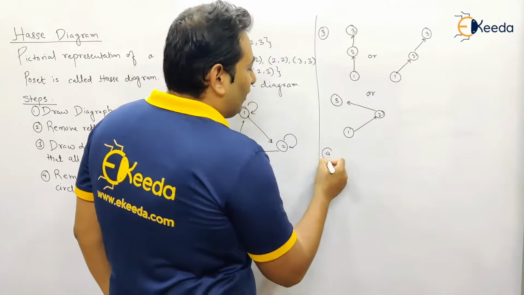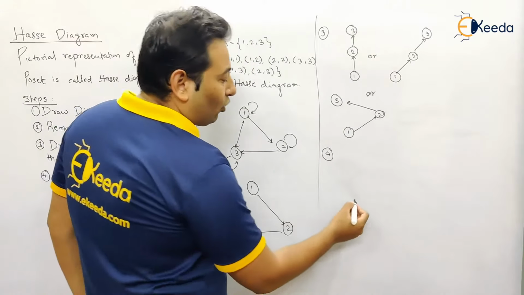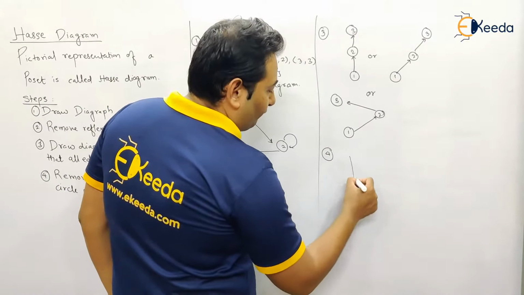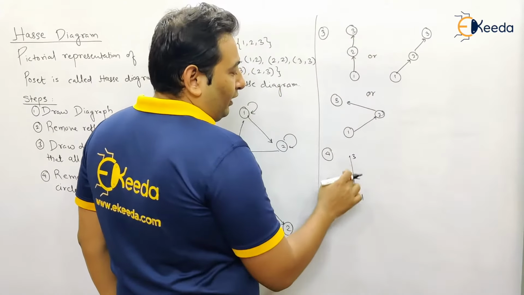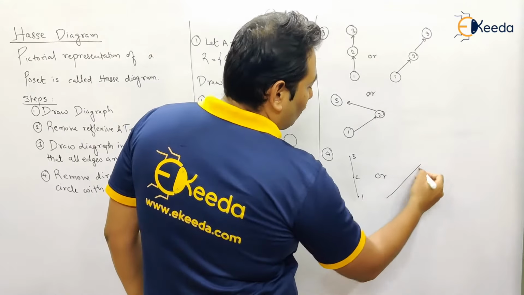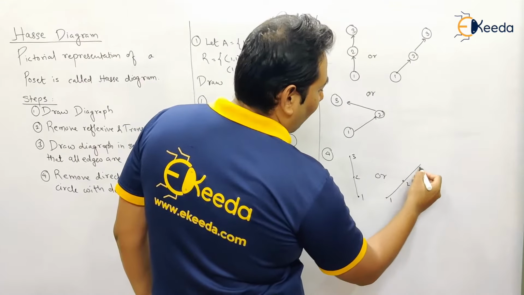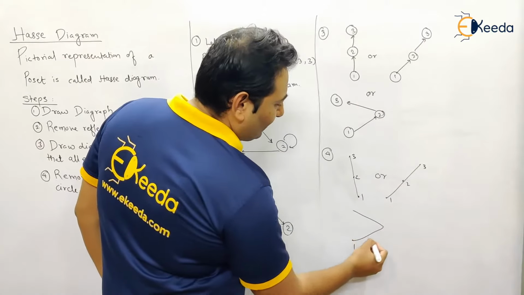What is the next step? Remove the direction. We're going to remove the direction and replace circles with dots. 1, 2, 3. If you got this, then this should be the answer. This is also perfectly okay, or this is also perfectly okay. There is no problem. All the diagrams are similar.